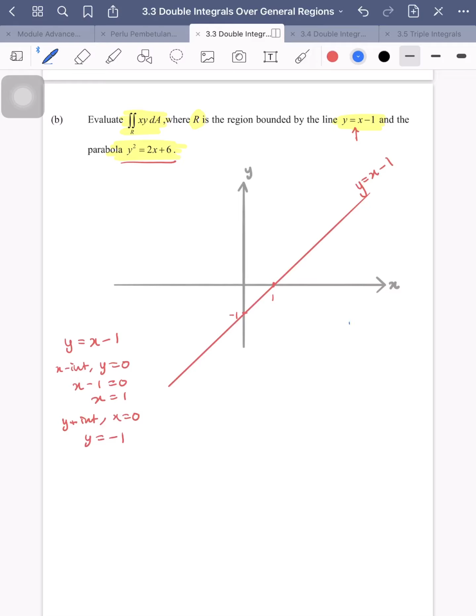So when y equal to 0, x plus 6 equal to 0, x equal to negative 6. Hmm, so when x equal to 0, y squared equal to 6 and y equal to plus minus root 6.